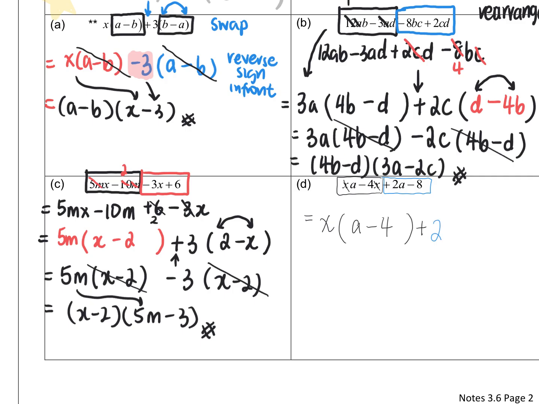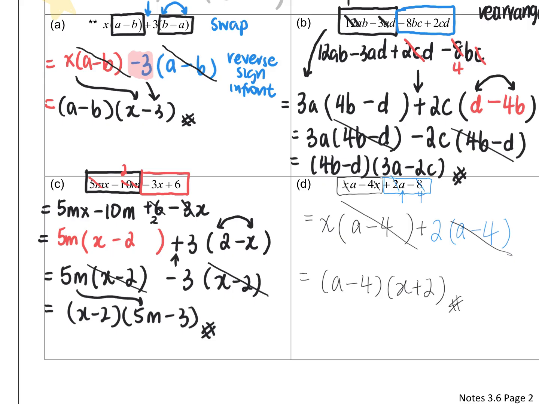So I take out the 2, what am I left with? 8. What am I left with? A minus 4. So once you take it out, take out the A minus 4 for both of them. So you will just have x plus 2 in the other bracket.